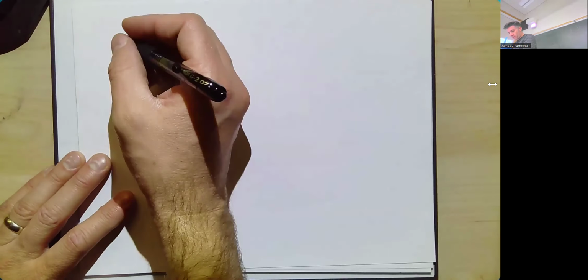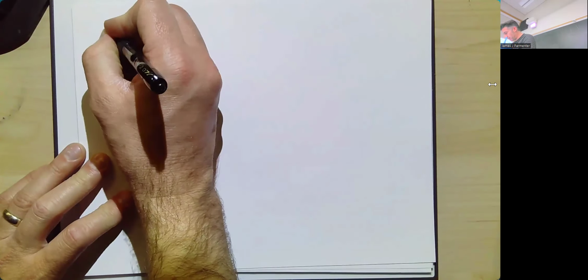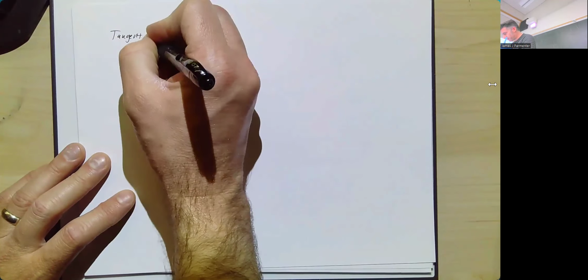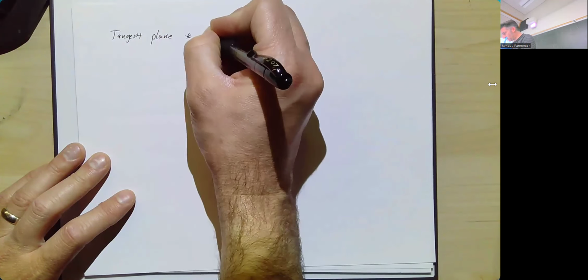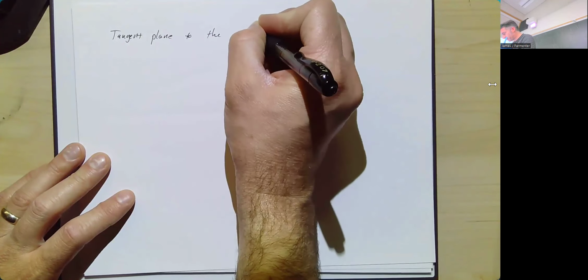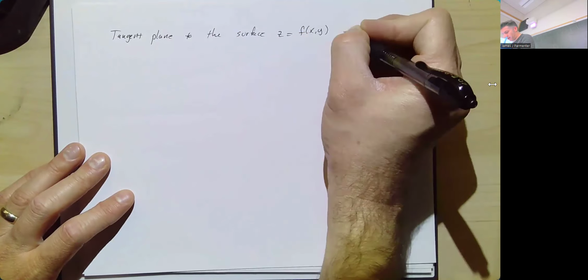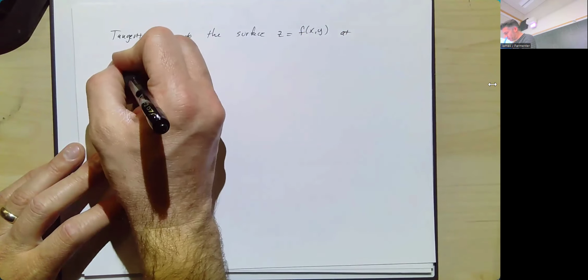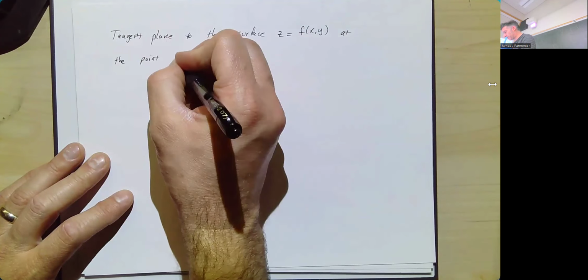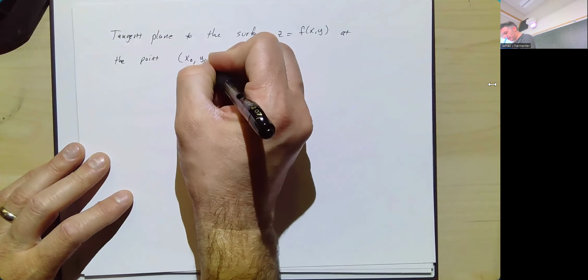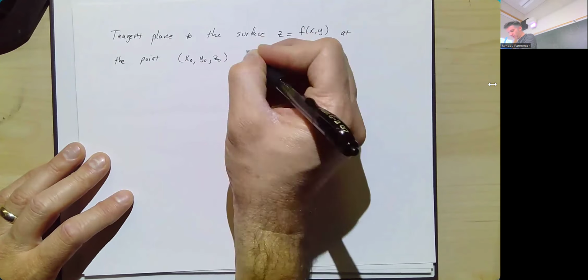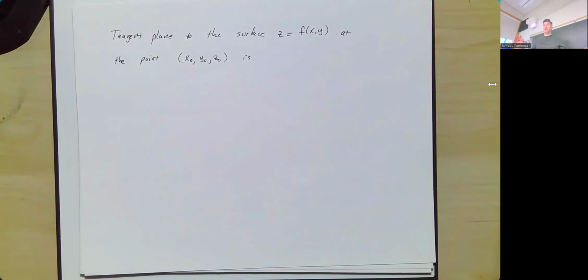So very similarly, the tangent plane to the surface z equals f of x comma y at the point x naught, y naught, z naught is given by, it's literally the same idea. Instead of y minus y naught equals the derivative times x minus x naught, I'm just going to add in another thing.